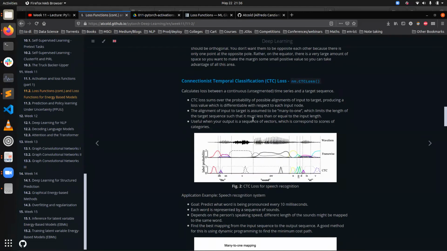Suppose the example that he gives is someone uttering the word 7. When you say the word 7, you have syllables in them, right? I think it's called phonemes, maybe. So you have a bunch of individual sounds while uttering a word.